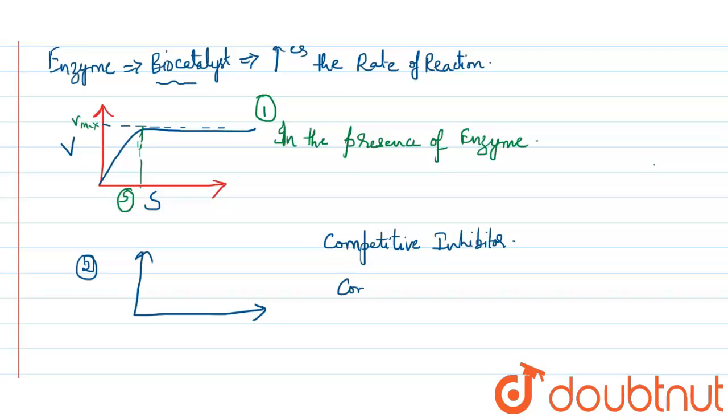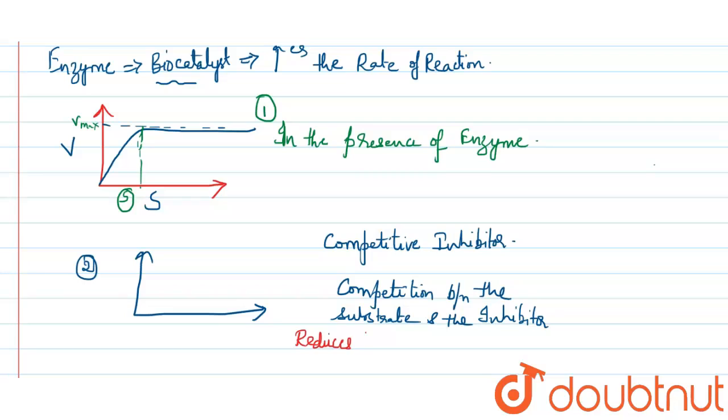So there is competition between the substrate and the inhibitor, which reduces the availability of enzyme.